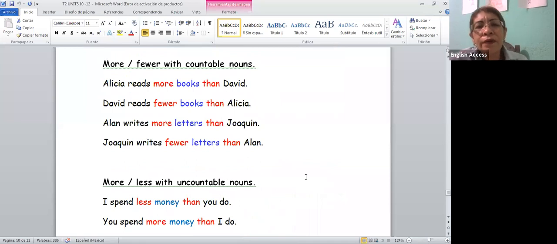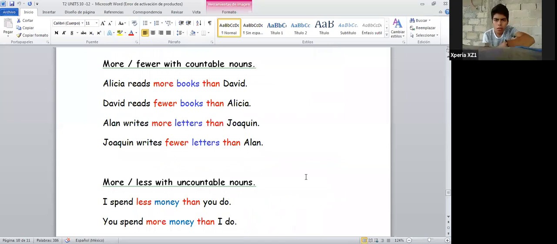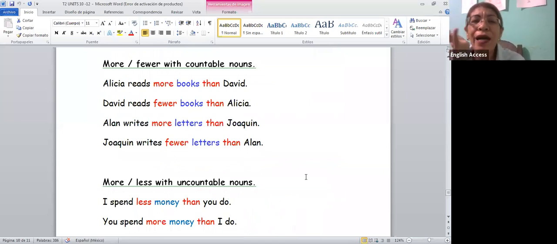It says more and fewer with countable nouns. Here our nouns are books and letters. They are countable. We can count the books, a book, 2 books, 3 books, 4 books, etc. Letters, we can count the letters. A letter, 2 letters, 3 letters, 4 letters, etc. They are countable. Remember, we can use more or we can use fewer. That is the opposite. I have some examples.